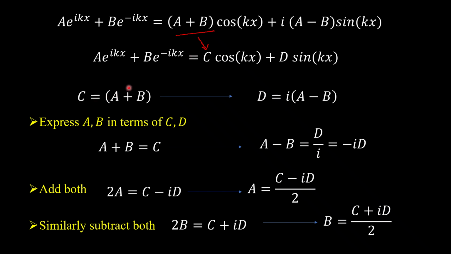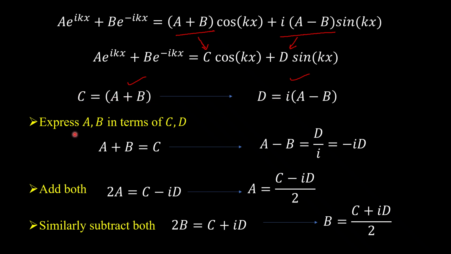So that's what I have written: c is equal to a plus b. Similarly, here you can see i(a minus b) equal to d. So d equals i multiplied by (a minus b). Here we have represented c and d in terms of a and b.